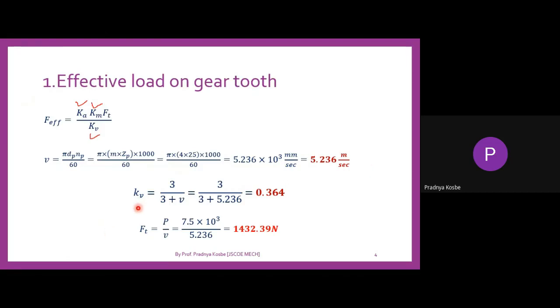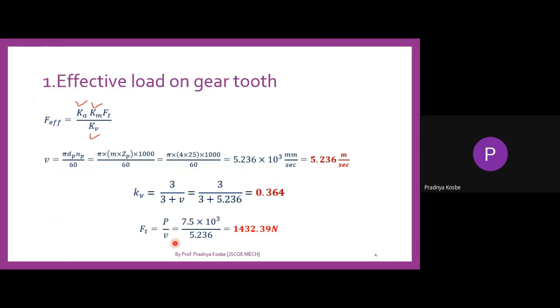Now velocity factor is equal to 3 divided by 3 plus v, is equal to 3 divided by 3 plus 5.236, and the answer is 0.364, the velocity factor. Now we have to find out the tangential load.